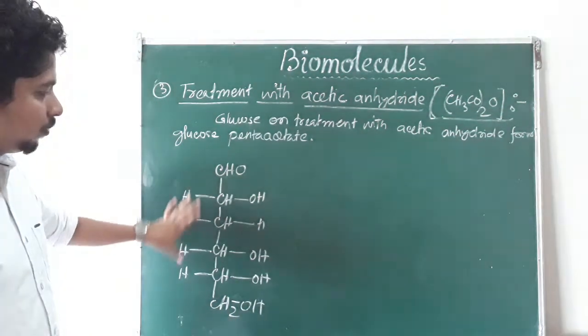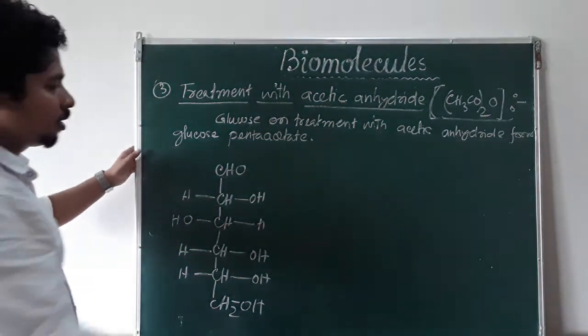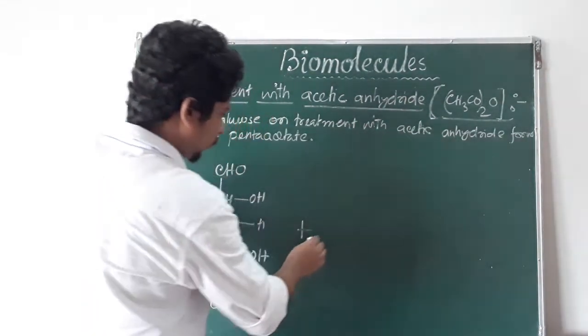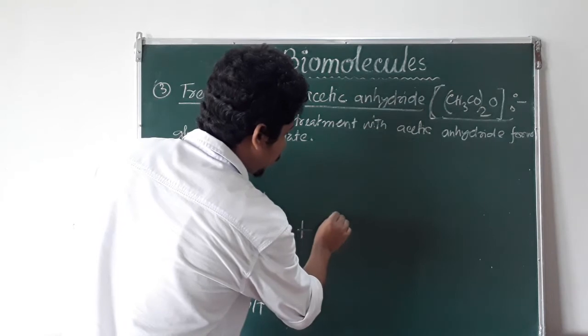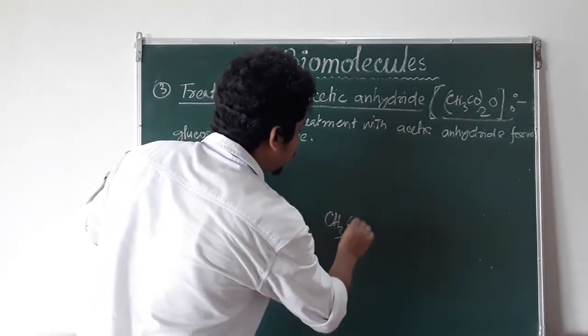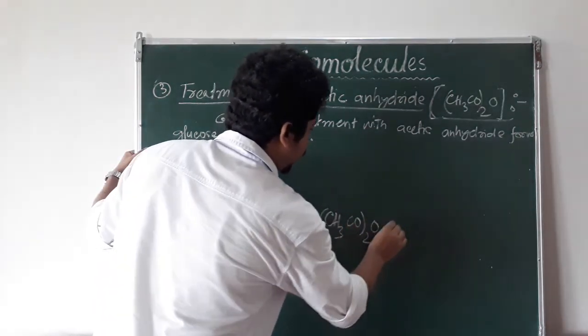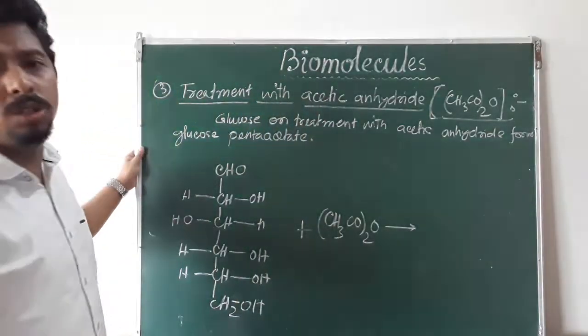Here we are writing in open form. So this on treatment with acetic anhydride, whose structure is (CH3CO)2O, forms glucose pentaacetate.